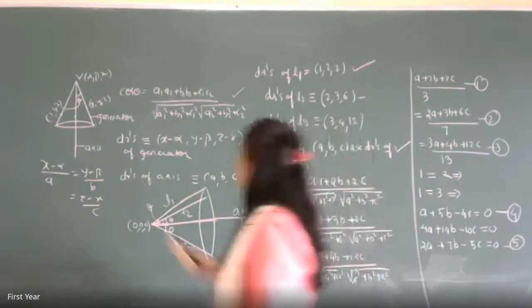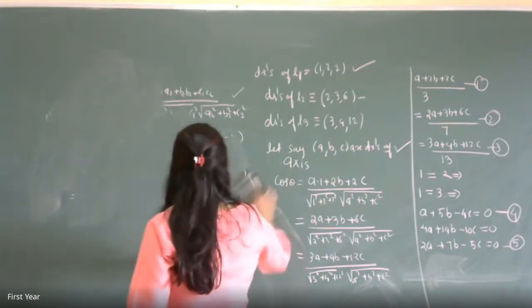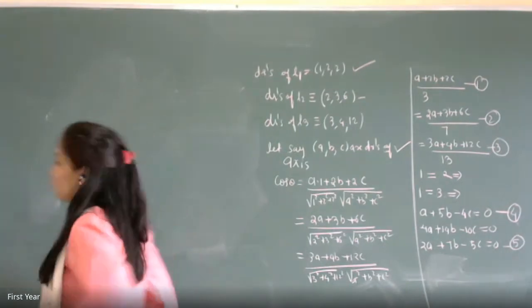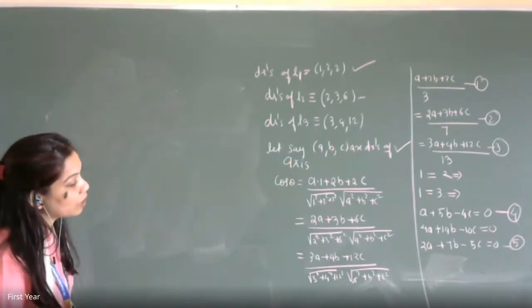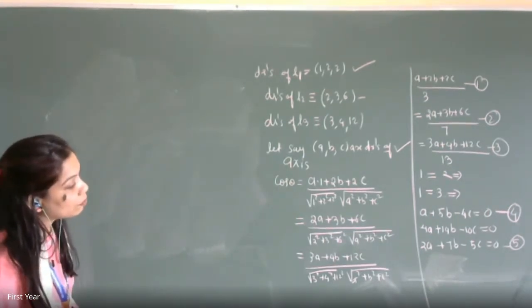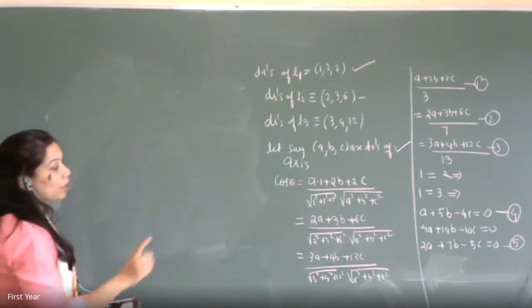So solve 4 and 5 and you get the values of ABC. That will give you direction ratios. So what will it become? First, 4th and 5th. Close A: minus 25 plus 28. Do you understand what I am doing?